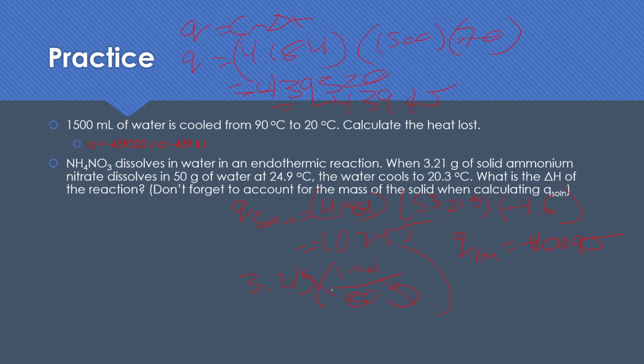Grams cancel, and you get 0.04 moles. So you have 1024 joules divided by 0.04 moles, or 25,520 joules, which is 25.5 kilojoules. I guess slightly different answer depending on rounding.